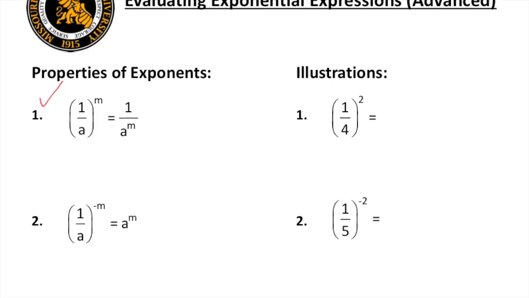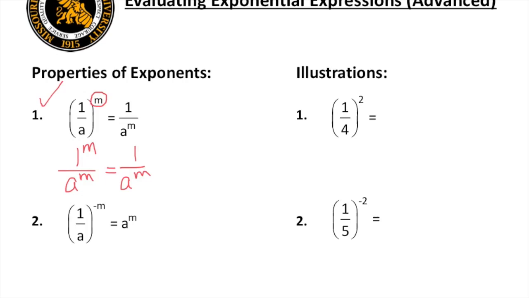So basically what's happening here is that this power of m is being applied to both the 1 and to the a. But 1 raised to any power is going to give us 1. So that is where the property comes from.